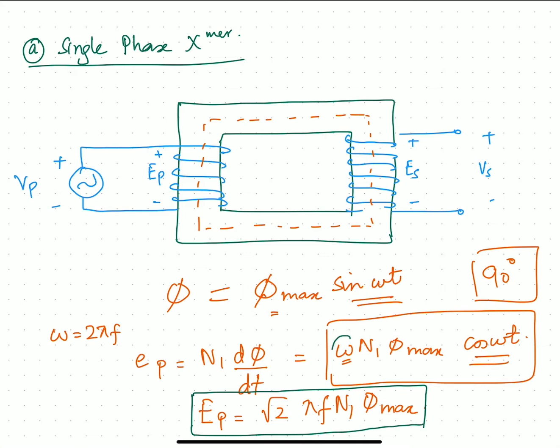I substitute the value of 2 pi f, and then I calculate the RMS value of this term, which comes out to be EP is root 2 times pi f n1 phi max.